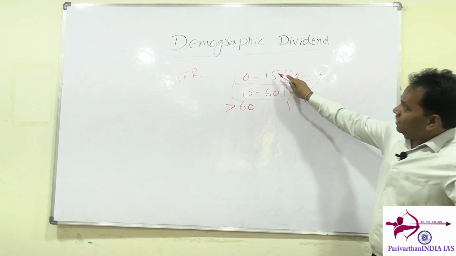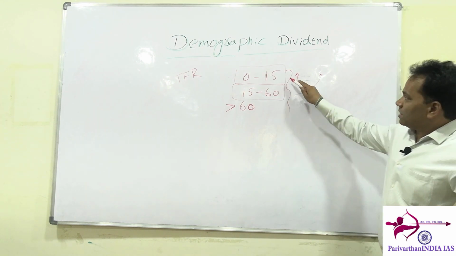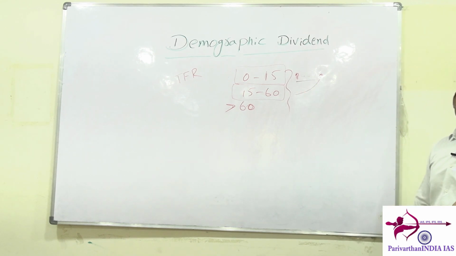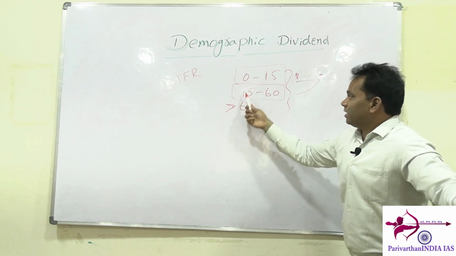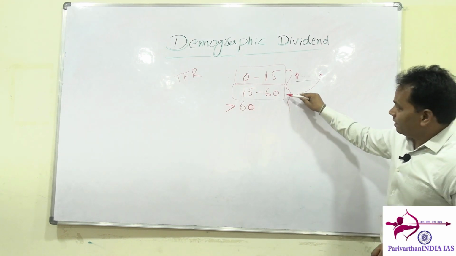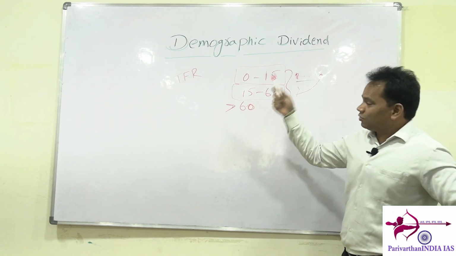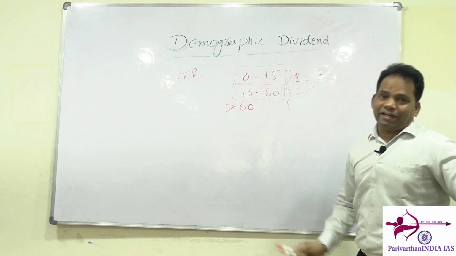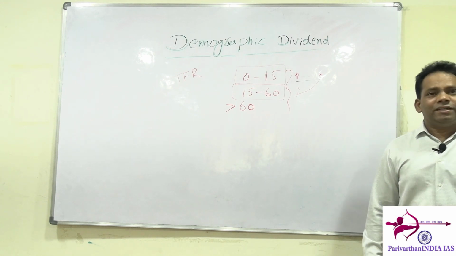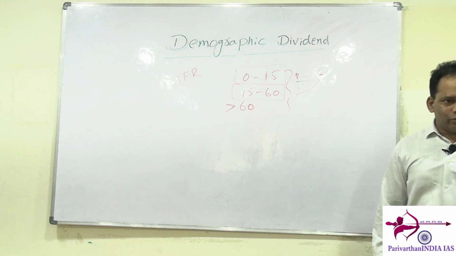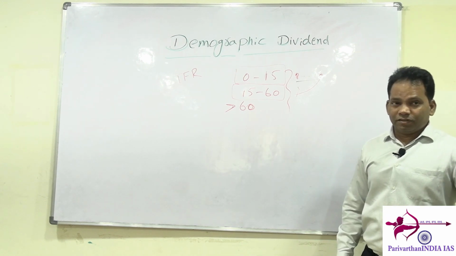That's why the children's birth rate is reducing, and that's why the child population is reducing. However, at the same time, the earlier children are entering into this age group. That's why the 15 to 60 group is rapidly rising. This group is also rising because life expectancy is rising due to increasing health and nutritional facilities.